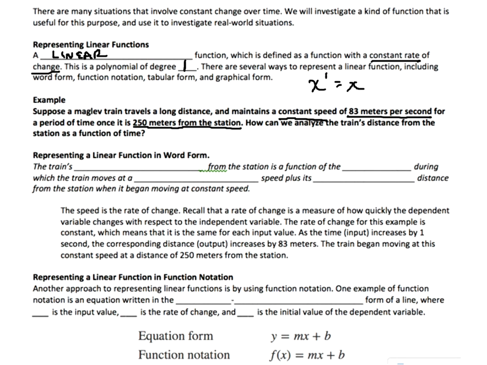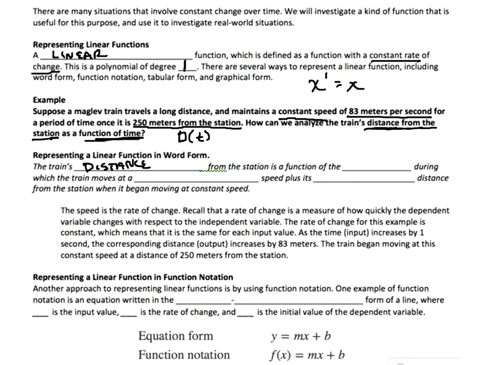So in other words, it goes 250 meters away and then it starts booking it at 83 meters per second. How can we analyze the train's distance from the station as a function of time? So in this case, my distance, d, is going to be a function of some time that I plug in, t.